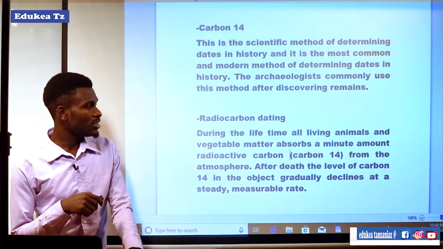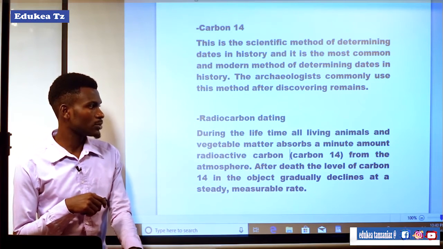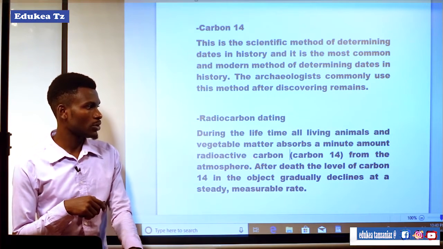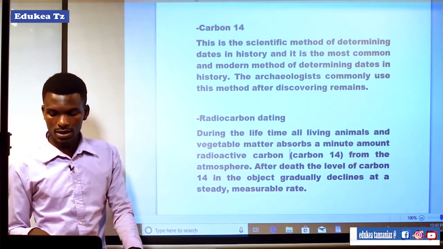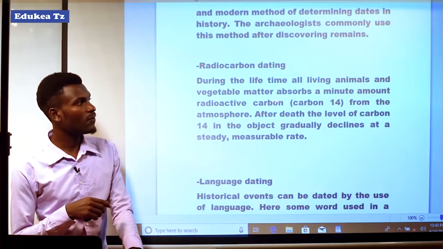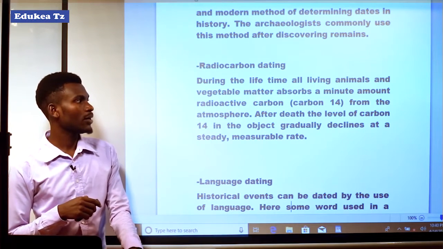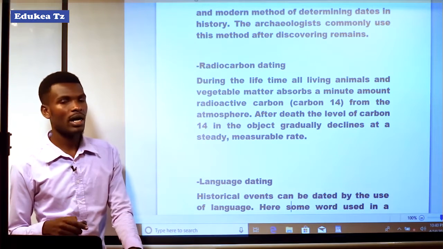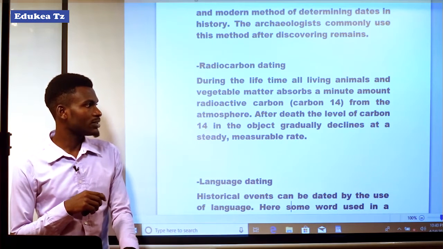In radiocarbon dating, during the lifetime of living animals and vegetable matter, they absorb a minute amount of radioactive carbon, or carbon 14, from the atmosphere.